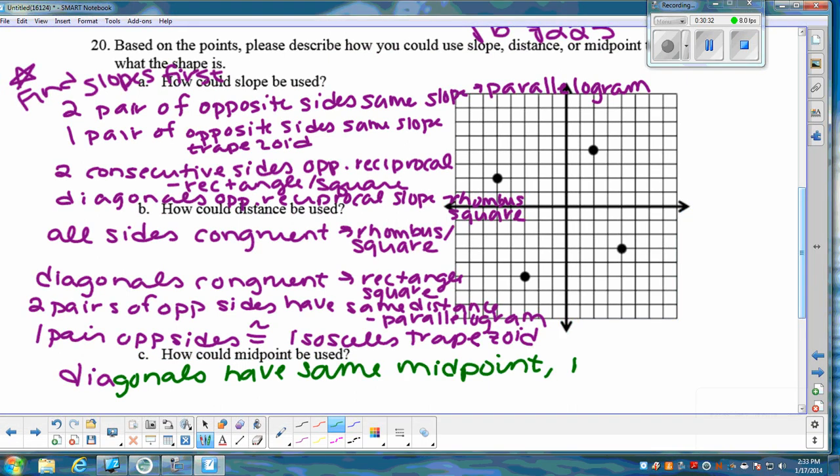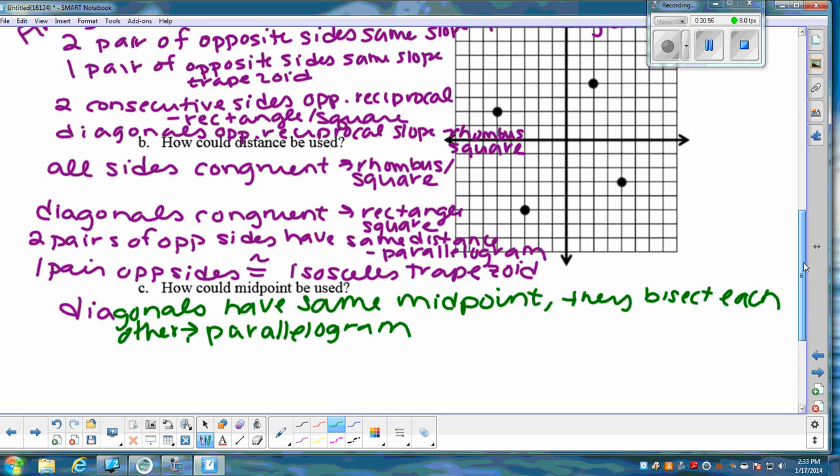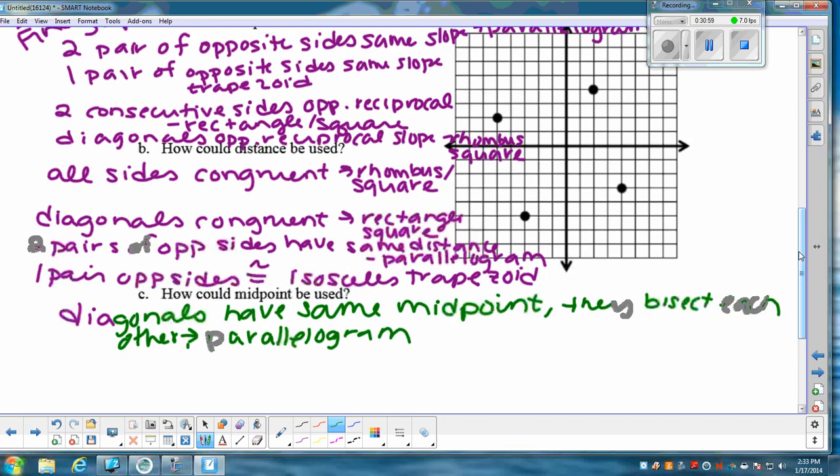The diagonals have the same midpoint. They bisect each other, which makes them a parallelogram. All right, so number 21, or finishing 20, if we look at our slopes, they are 2/7 and -7/2.